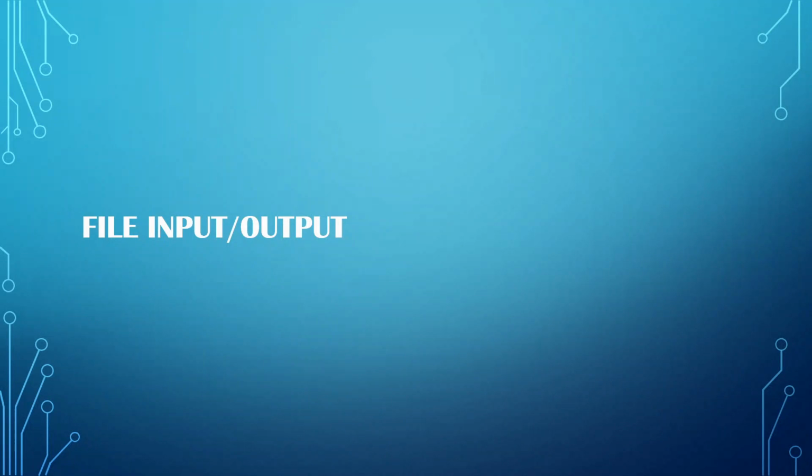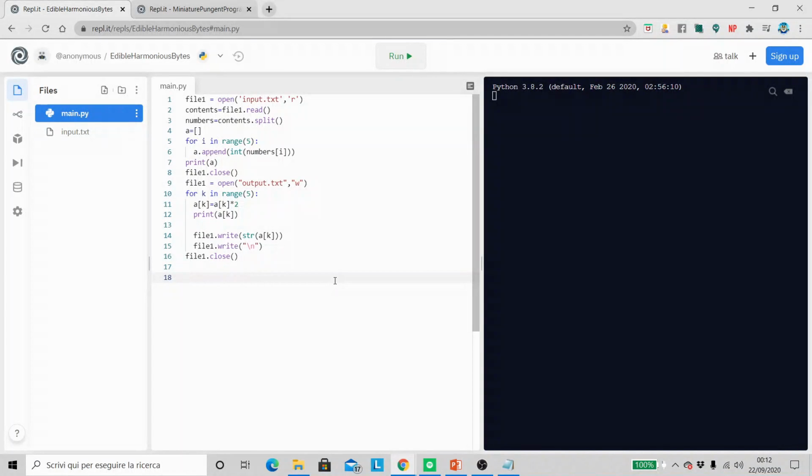Now let's talk about file input and output. That is our last argument. So let's go to the compiler for an example. In Python, but also in other programming languages, we can take our input from a file.